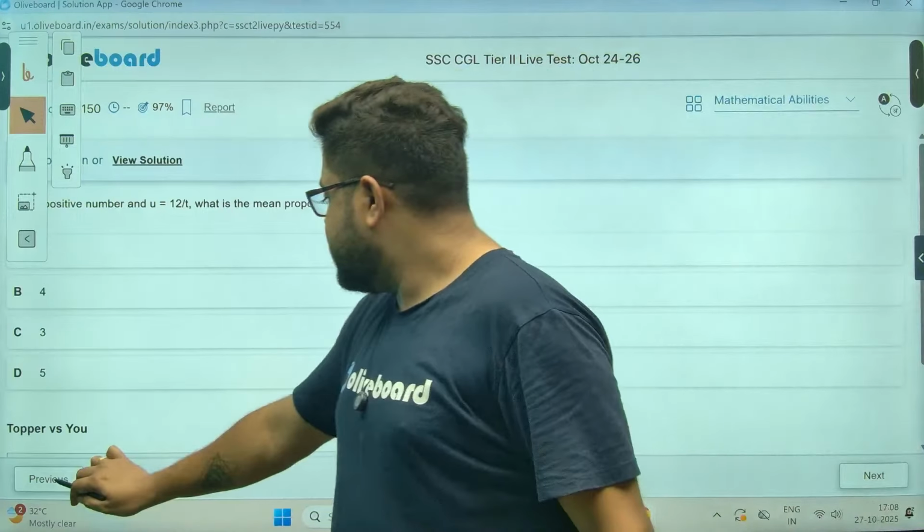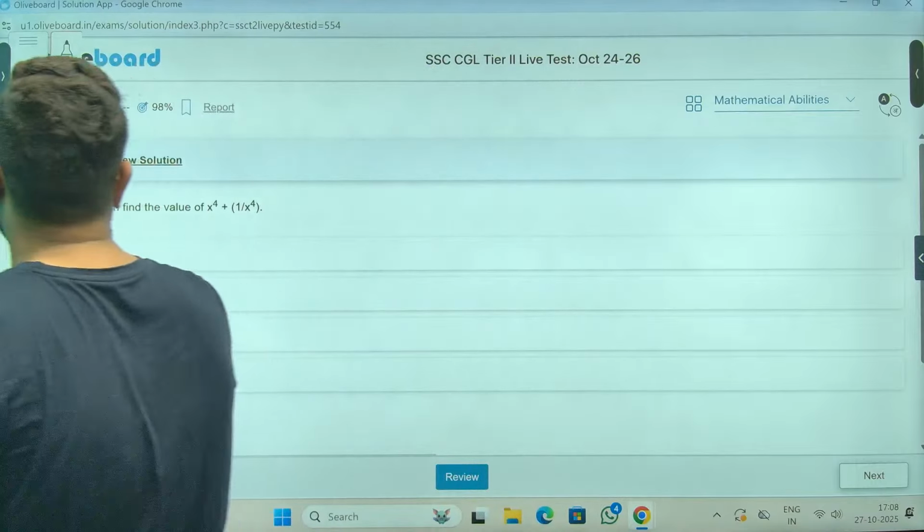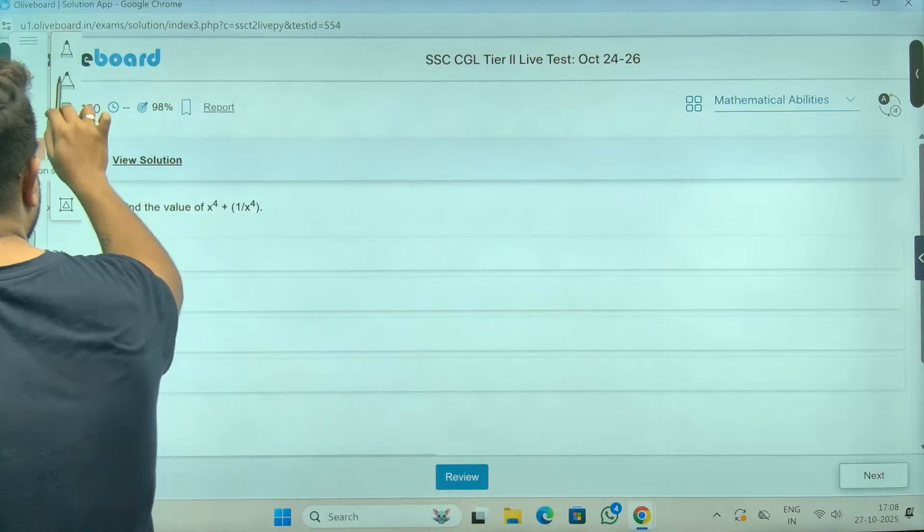Next one is this. Let me zoom it a little bit. x square minus 6x plus 1 is given, so I need to figure this out. There are a couple of ways: one shortcut, one normal way. The normal way: whenever you have an expression like this, always divide by x. So x square becomes x, minus 6x becomes 6, and 1 becomes 1 by x.